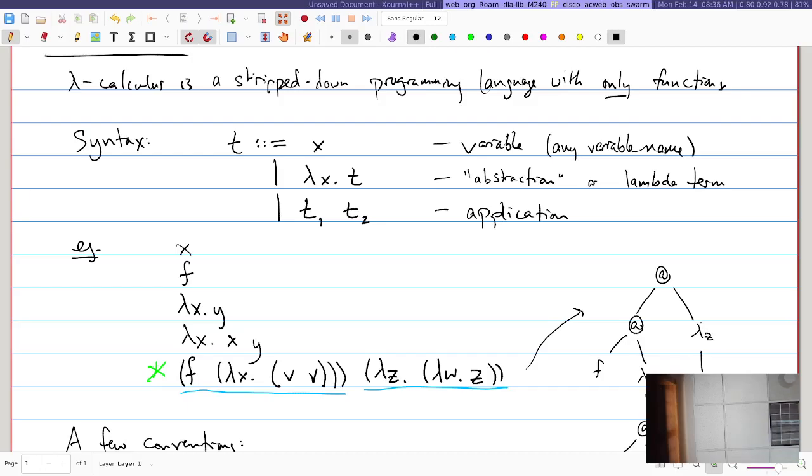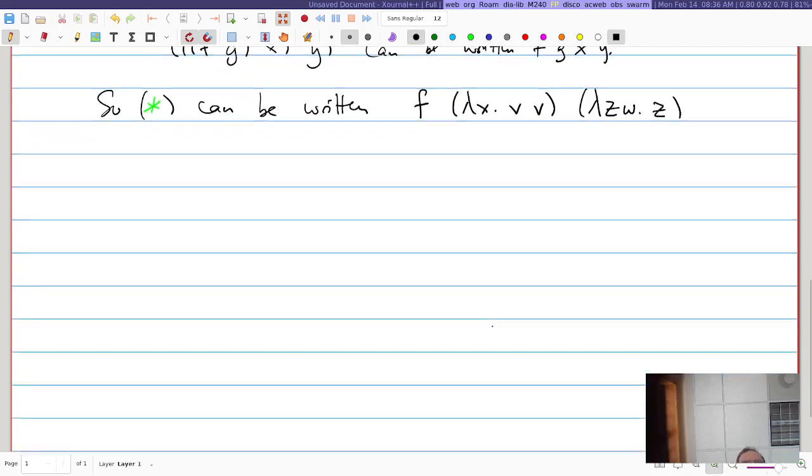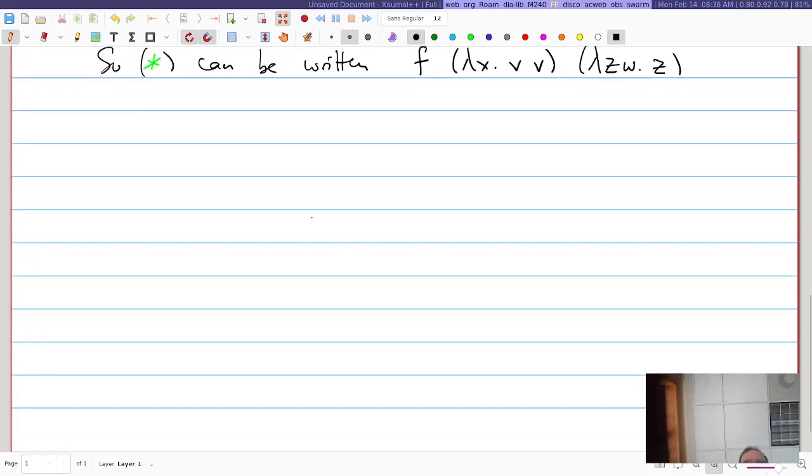So we already have an intuitive idea of how this ought to work. When you apply a function to an argument, if I take lambda x t and apply it to something, the thing I apply it to is the argument, and so I put that in place of x. I say, x was standing for whatever the argument is going to be, and now I know what the argument is, so I put it in for x. That's the idea. So let's see how to make that a little more formal.